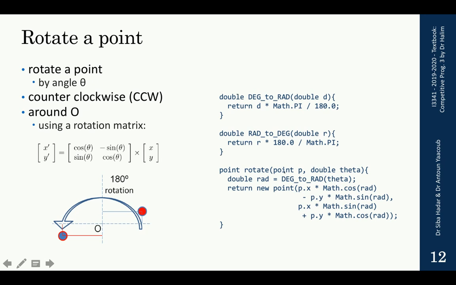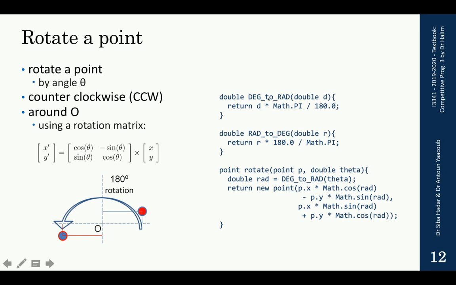It takes a point, it takes a theta, and this theta angle you are giving it in degrees. Before we do the rotation and apply this mathematical formula, we have to transform the degree value of theta into radians.